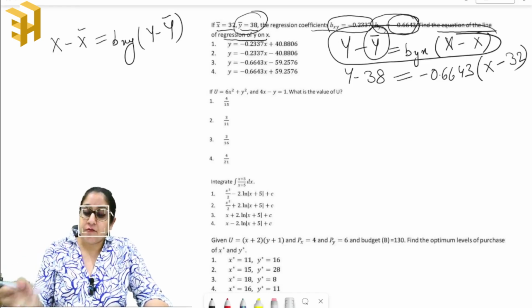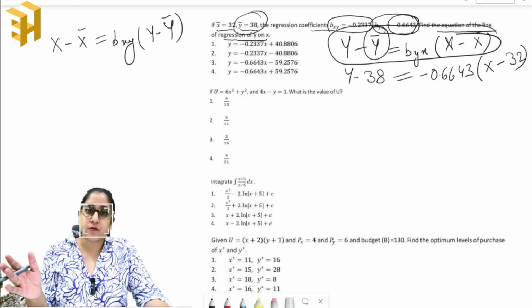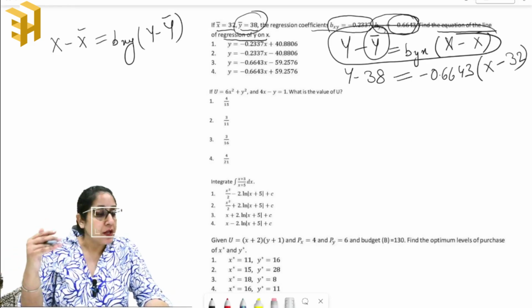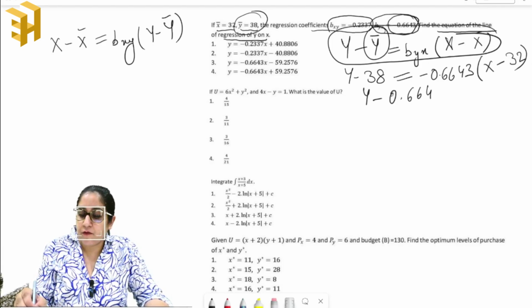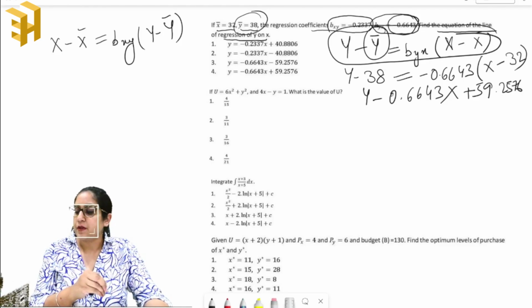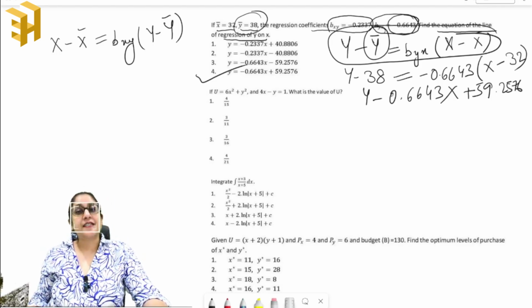When we solve this, you will be having your calculators with you, so don't be scared. When we solve this, we come out with y is equal to minus 0.6643x plus 59.2576. So your fourth option is the right answer in this case.